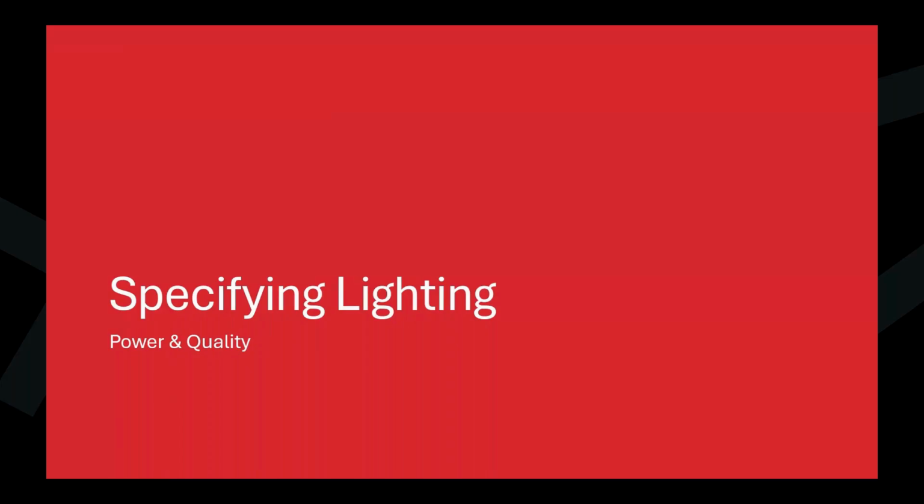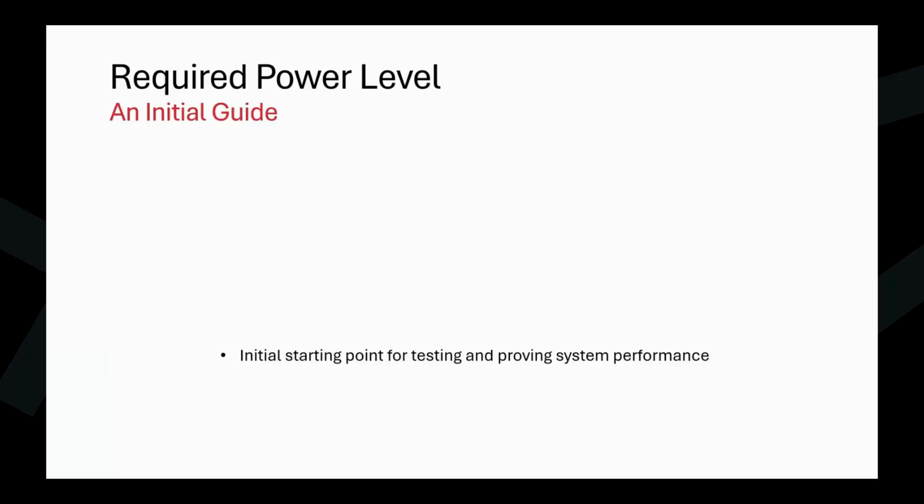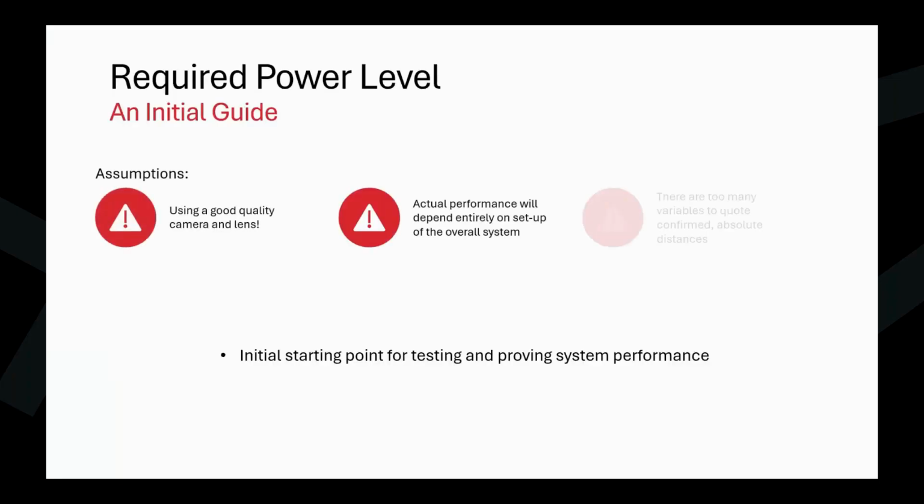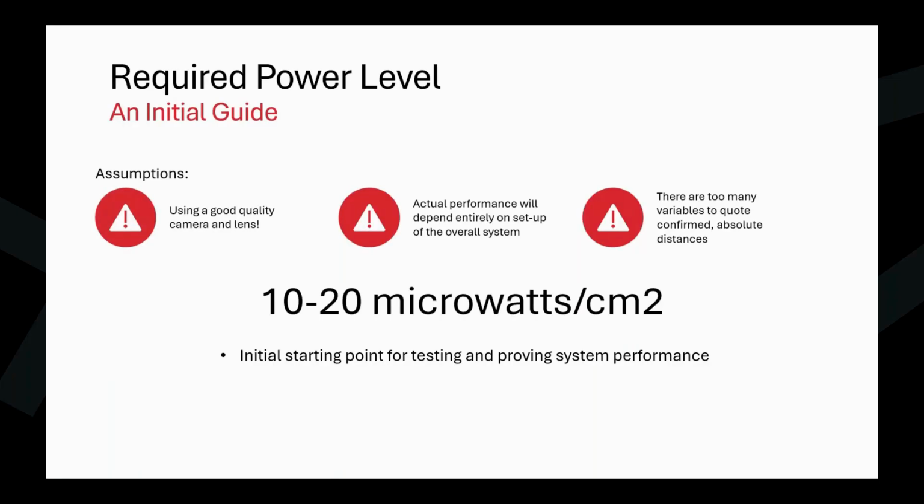And so this is kind of an initial guide that we would suggest. We often will go in looking at about 10 to 20 microwatts per centimeter squared, and even this last week, we've been working with a customer to those standards.